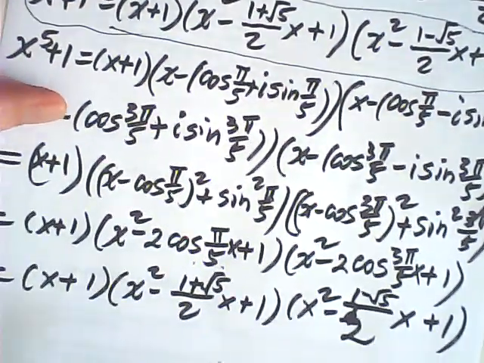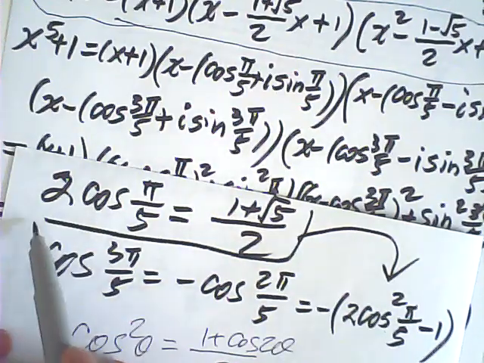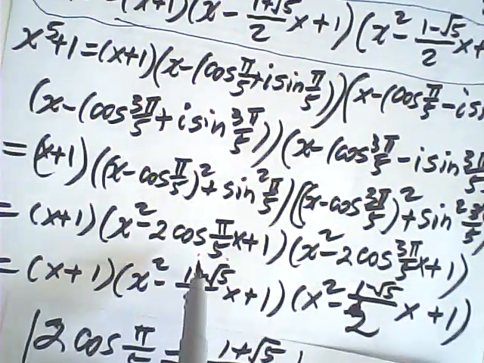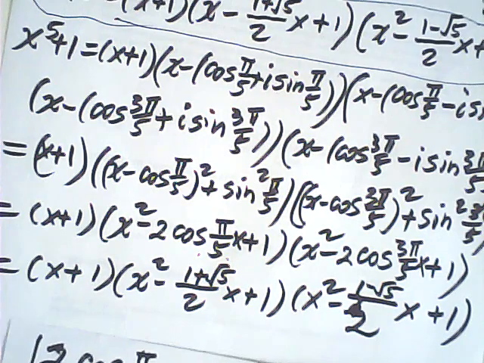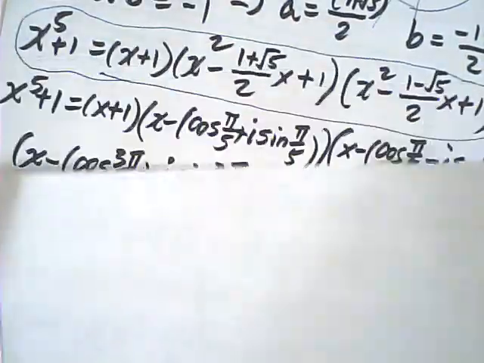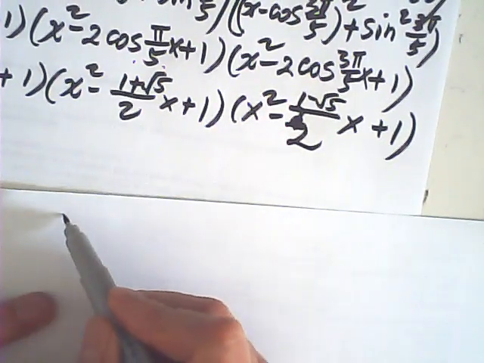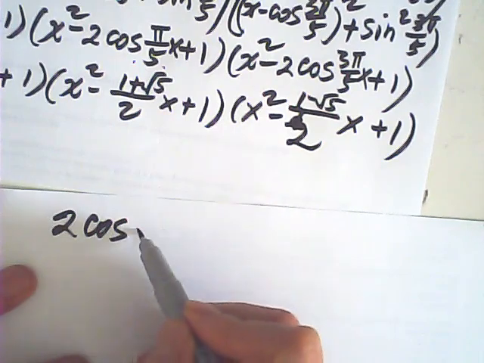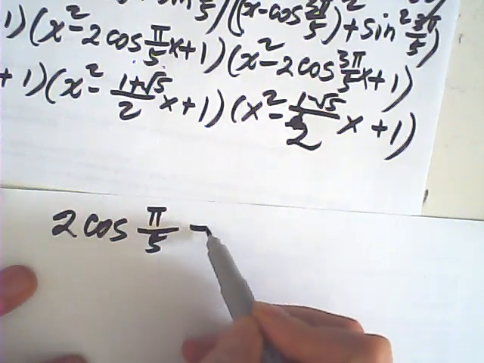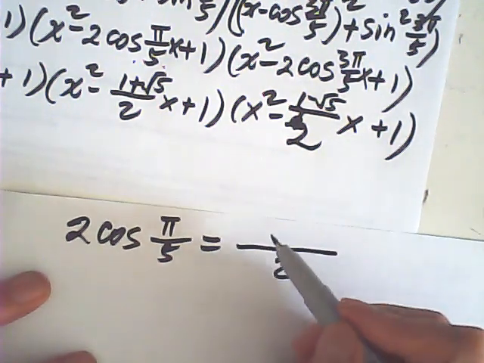Now the leftover, I have to prove this is true. That is the golden ratio. Okay. Now let me use a triangle to prove that. I want to prove 2 cosine pi over 5 is the golden ratio.